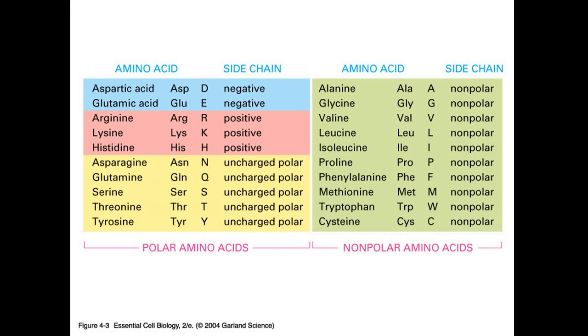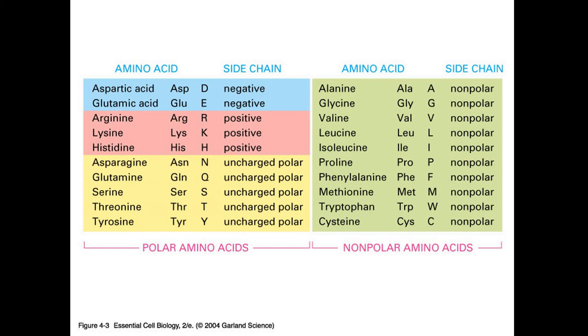So there is another category. First we will talk about the non-polar amino acids. On the right hand side you can see the list of the non-polar amino acids. In that category there are two groups: one has the aromatic moiety and the other contains the aliphatic chain. Here you can see tryptophan, phenylalanine, proline.